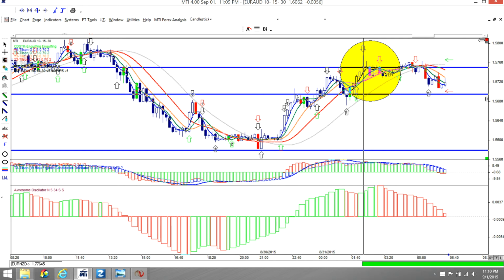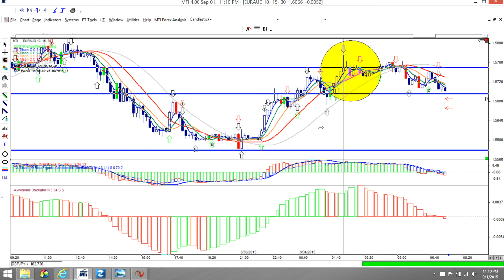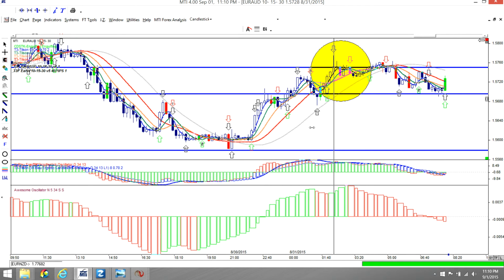That's past support, and now it's going to be future resistance. When it hits support, you're going to get a buy signal. Boom, right there. Here's your entry. You get a lot better price than this.